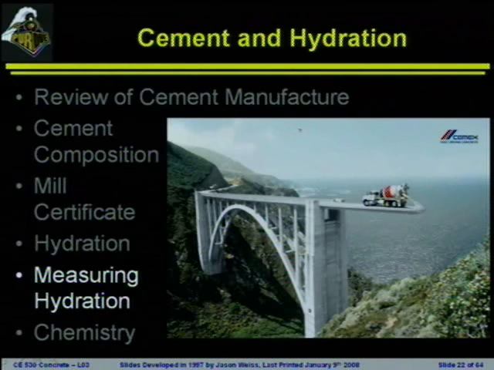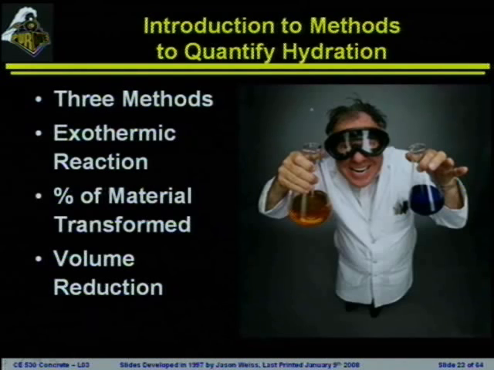I want to talk about a few different ways that you could measure the extent of this hydration that's taking place. I will talk about 3 methods. These are 3 of the predominant methods being used, but there are other methods out there. One will be based on the exothermic reaction.